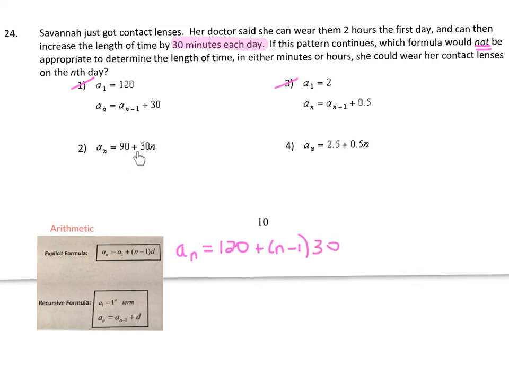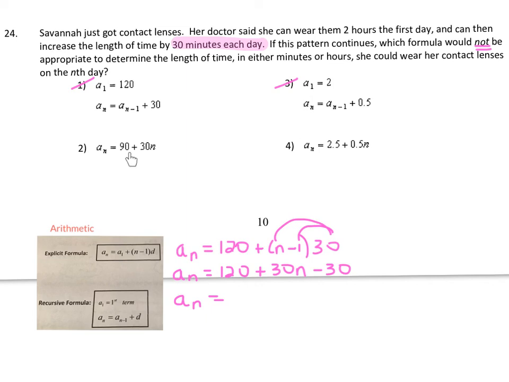Now, we can see here that this does not look like this. It doesn't follow that format. But remember, I said you can always distribute and combine your like terms. So let's see if when we do that, choice 2 matches up. All right, so I'm going to bring down the A sub n, and I'm going to bring down the 120 plus, and when I distribute, I get 30n minus 30. Okay, so I'm going to bring down my A sub n, and now I'm just going to combine my like terms.